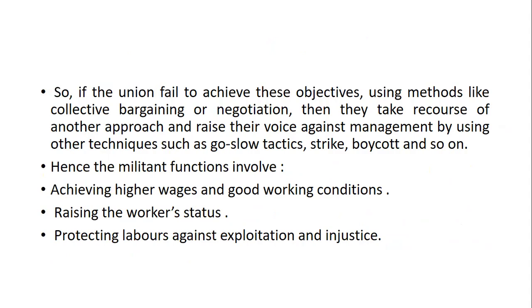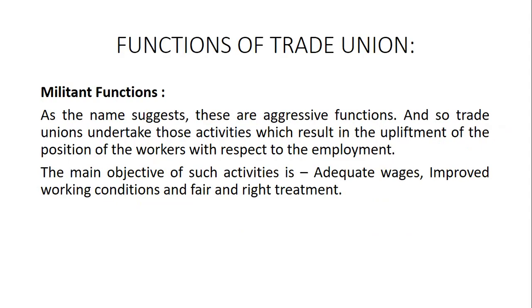If a union fails to achieve this objective using methods like collective bargaining or negotiation, sometimes they may take recourse to another approach, raising their voice against the management using techniques such as go-slow tactics, boycotting, strike, etc. These are the special characteristics of militant function: achieving higher wages and better working environment, raising the worker status as a primary importance, protecting the labor against exploitation and injustice. So militant function is a very aggressive mode.